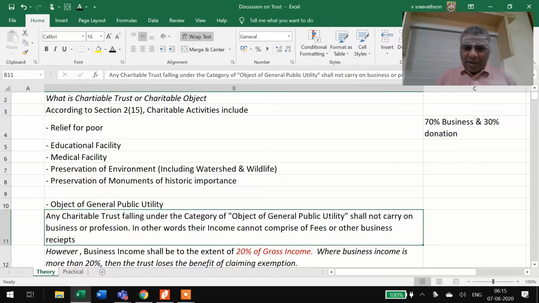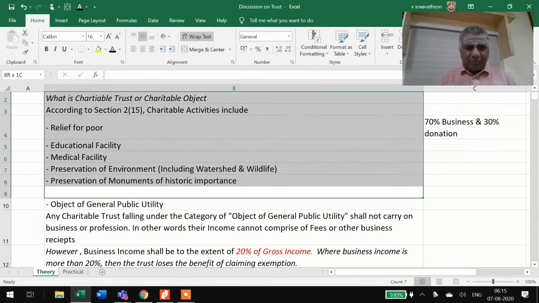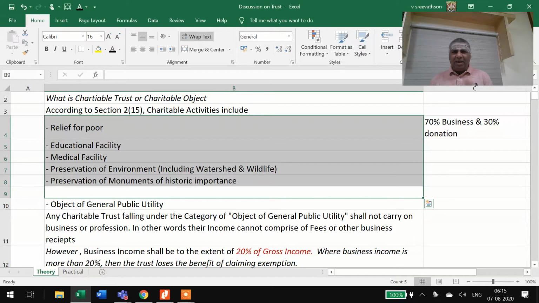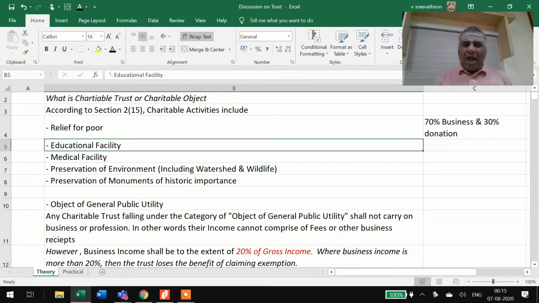If a charitable trust is not falling under this, it is coming under all these other categories, then I will not see the percentage at all. Here the percentage will even be 100% business income, if there is no donation and everything is fees collected from students.